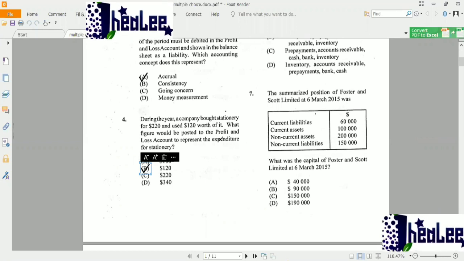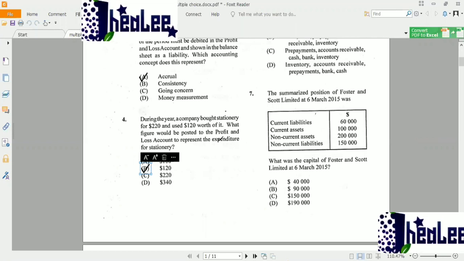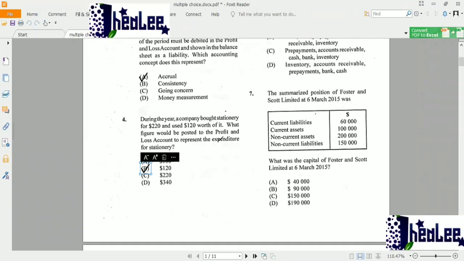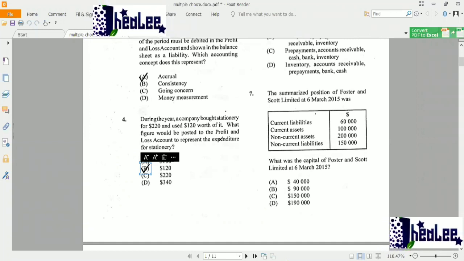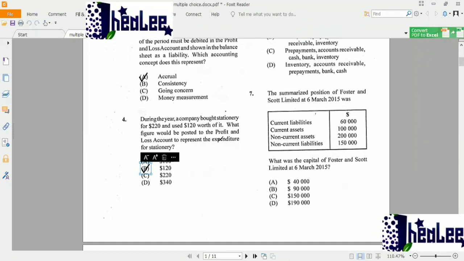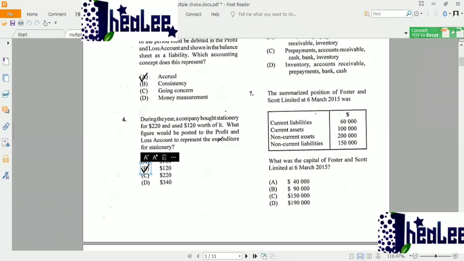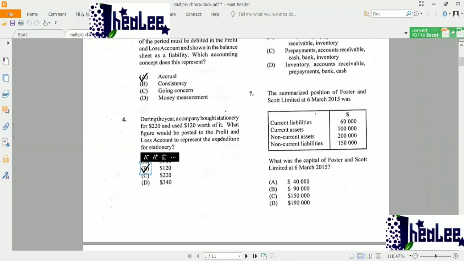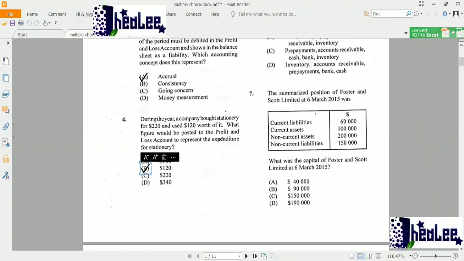So here we go. Because they're applying the accrual concept in preparing your financial statement, you need to show the amount relating to the period. And what you show in your profit and loss account is the amount that is actually used up for the period. And this is why we don't use the 220.